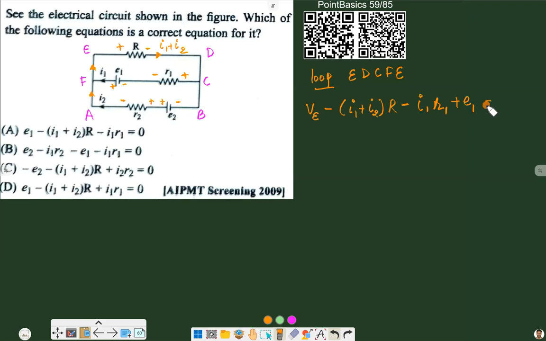We again reach point E. VE gets cancelled, and we have E1 minus (I1 plus I2) times R minus I1 R1 is equal to 0, and that exactly matches with our option A.